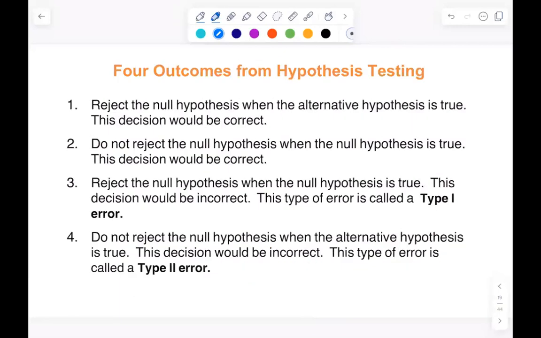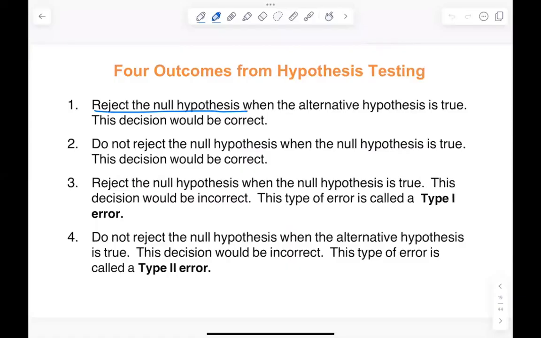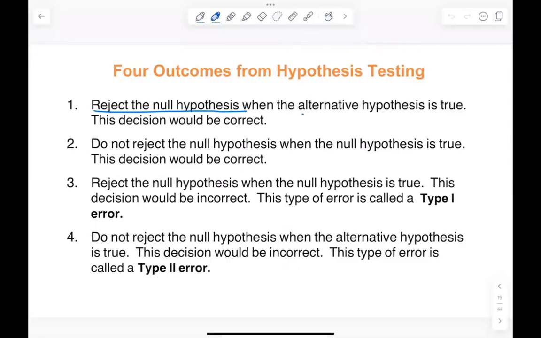Okay, so here are the two good outcomes and two bad outcomes. The first good outcome is you reject the null hypothesis when the alternative hypothesis is true. So if we find that the alternative hypothesis is true, we can reject the null hypothesis.